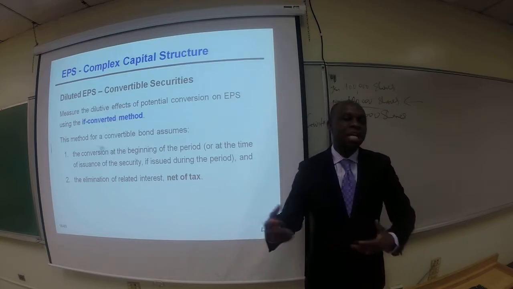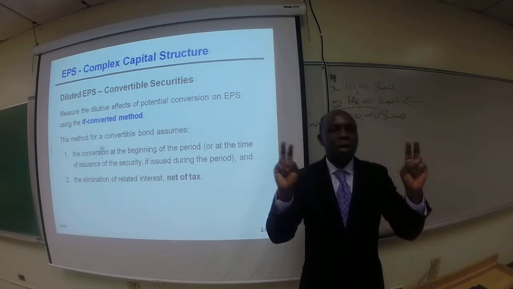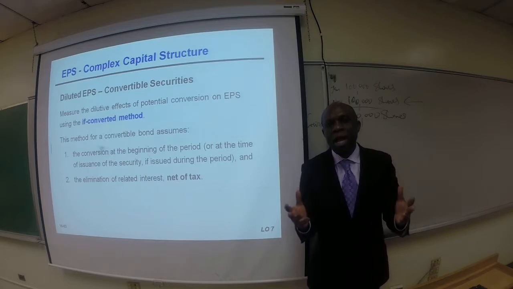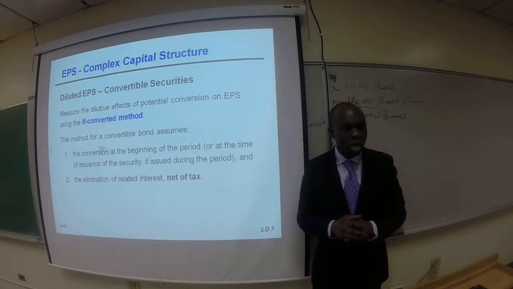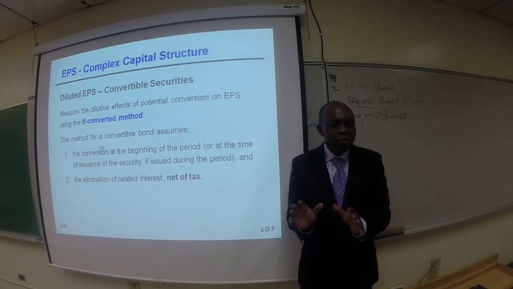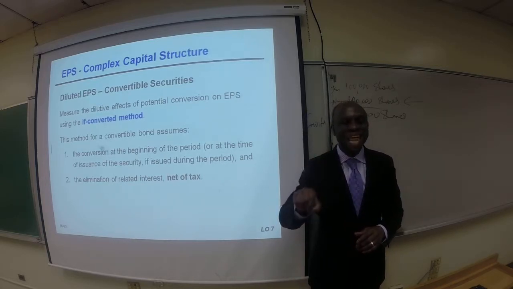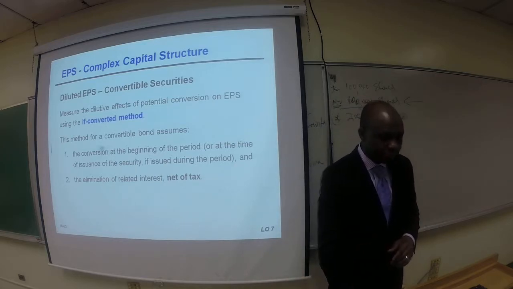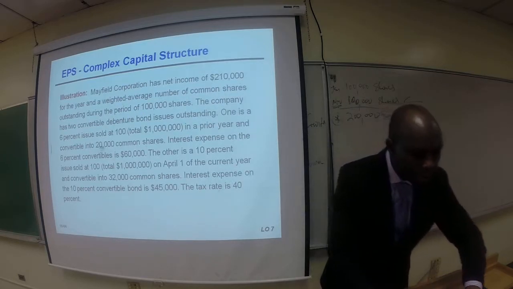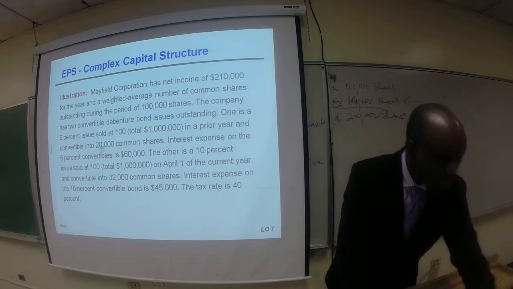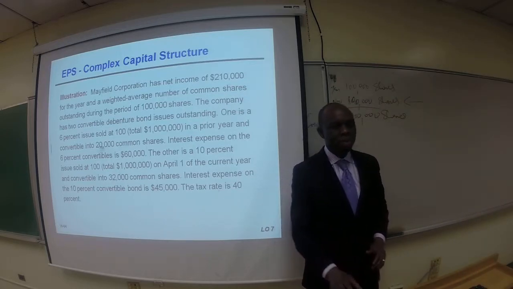Because if we are making that assumption, that means they are no longer there. They are no longer actually a debt for the purpose of computing EPS. So we have to add back the interest expense, net of the related tax. So here is an example to illustrate most of the rules that we have talked about thus far.